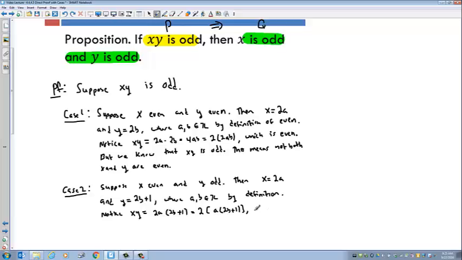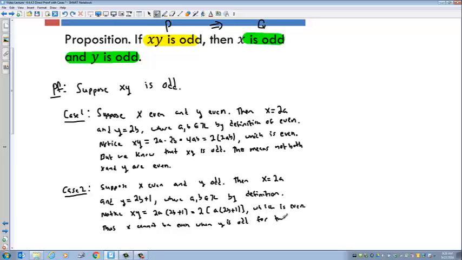All right, which is not odd, but even. Thus, x cannot be even when y is odd for the same reason as before.